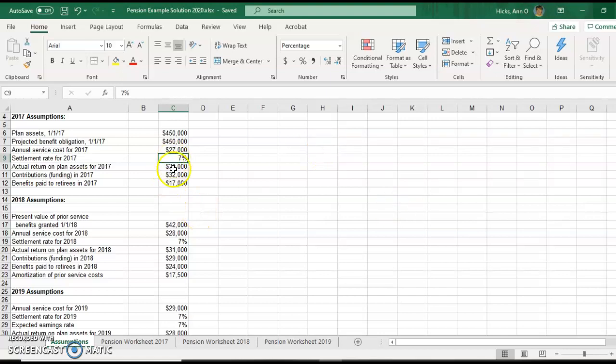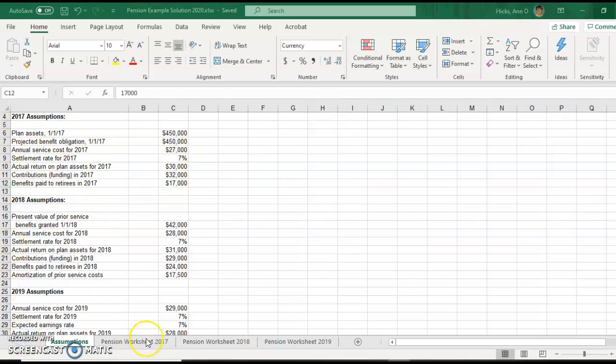The actual return on the plan assets for 2017 was $30,000. We contributed into the plan $32,000, and the plan paid out to retirees $17,000. Okay, so those are our assumptions for 2017.